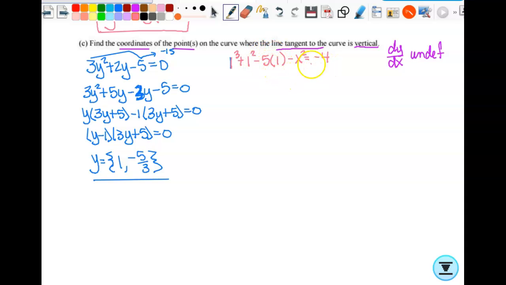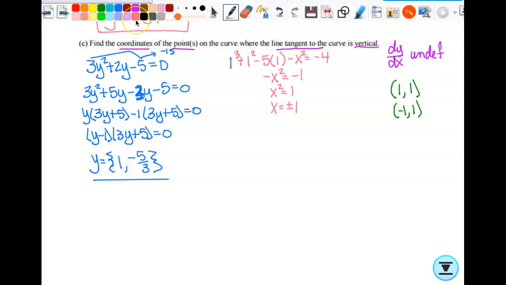Now I add it over here, so that'll give me -x squared equals -1. So x squared equals 1. So x is going to equal plus or minus 1. Which means that I get the point when x is 1, y is 1. When x is negative 1, y is 1. Because I have two x values for this one y value.